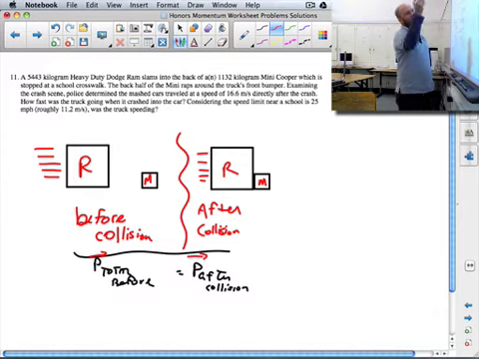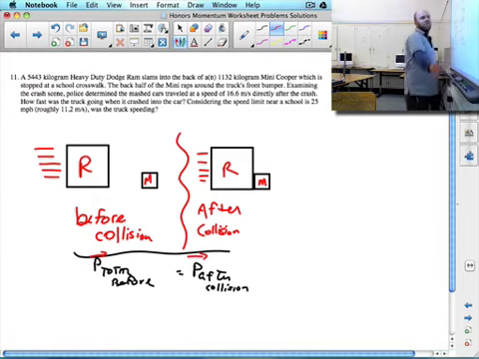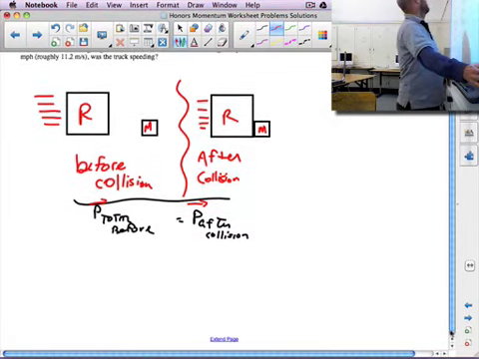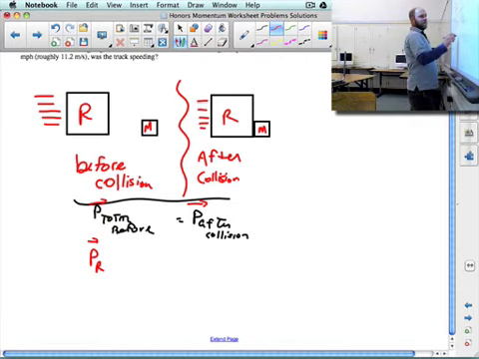In the end, everything was moving to the right, I'm guessing. So as it turns out, the momentum of the Ram before has to equal the momentum of the Ram and Mini stuck together at the end.